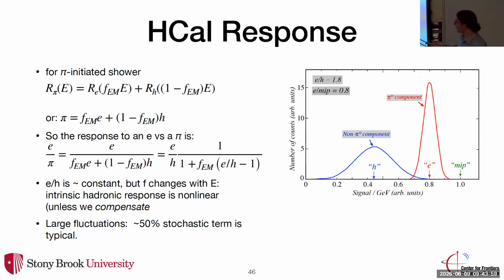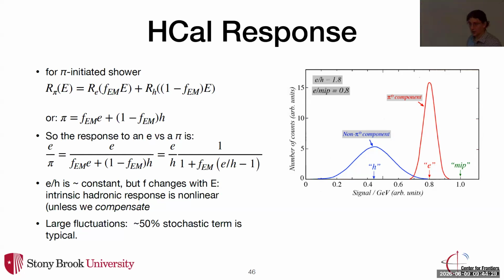Or we could have our shower start with a pion or produce a pion early on, in which case we get an electromagnetic-like shower, or it could not do that for a while, and it's dominated by hadronic daughters, and the amount of energy we see compared to the amount that's actually deposited, if we simulate this, is low and very broad.